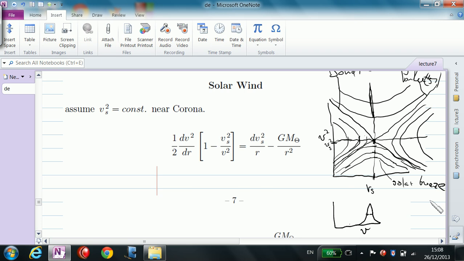Parker actually told me that even then Chamberlain wrote a paper explaining the data using the solar breeze solution, and the editor of ApJ at the time was Chandrasekhar, and they were all in the same building at the University of Chicago. So Chandrasekhar got the paper, and he walked over to Parker's office and said, "What do you think?